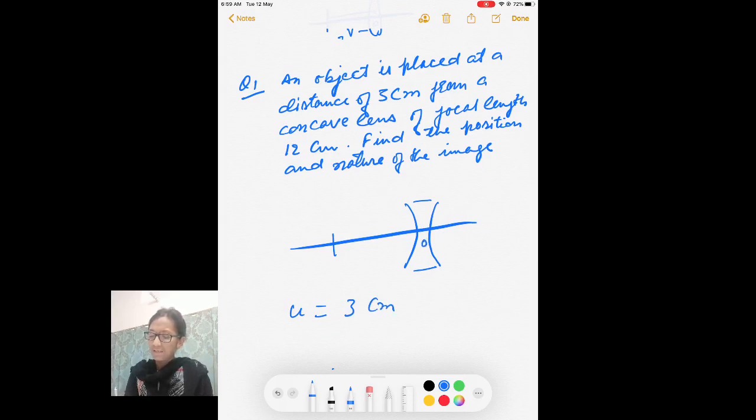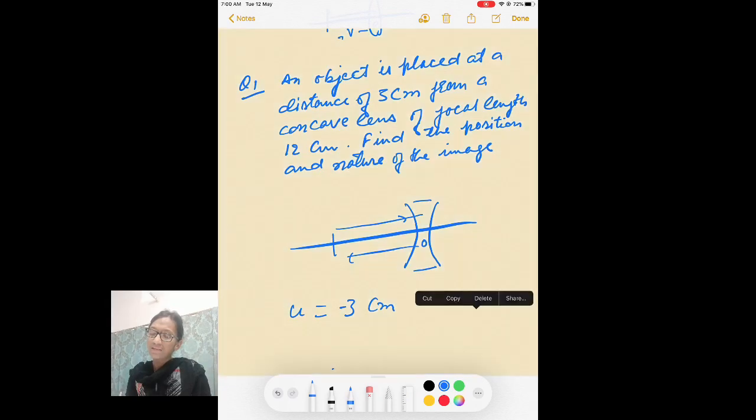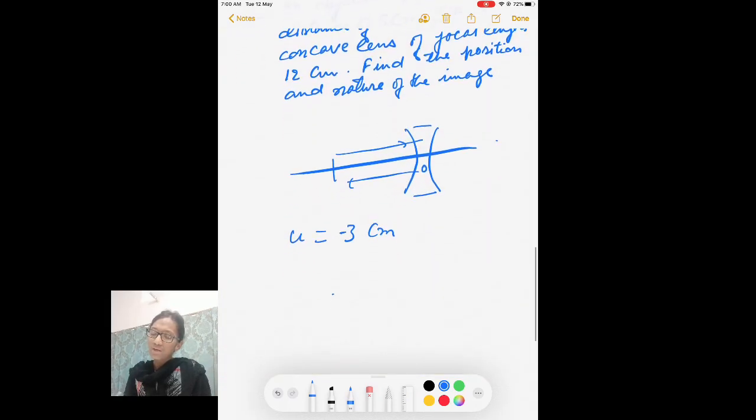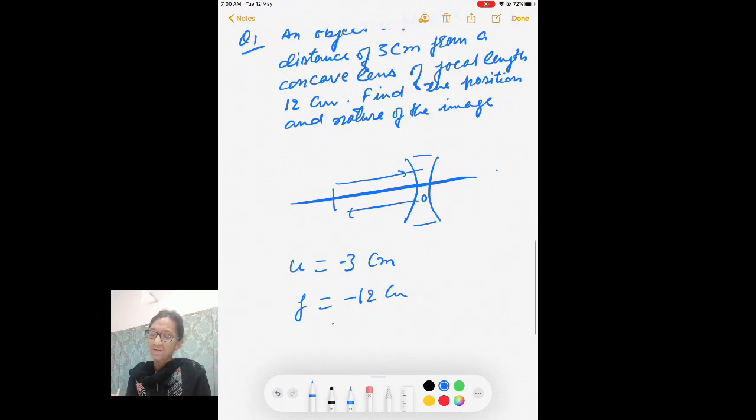And you can see that the object is along the negative direction, in which the ray is falling. So you should take it minus. And also the focus of a concave lens is negative. So f also you will be taking minus 12 centimeter.